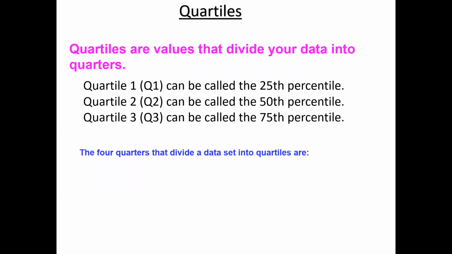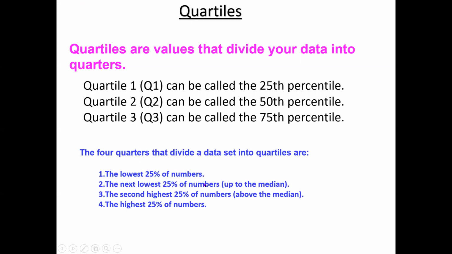The four quartiles divide the data into the lowest 25%, the next lowest 25%, the second highest 25%, and the highest 25%. No need to be confused; I will explain with an example.